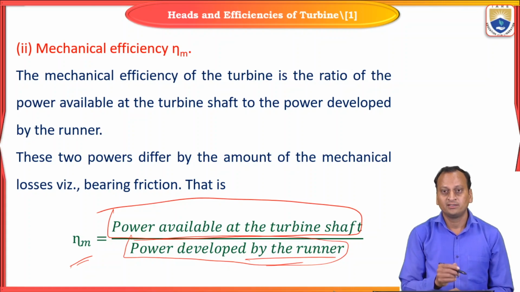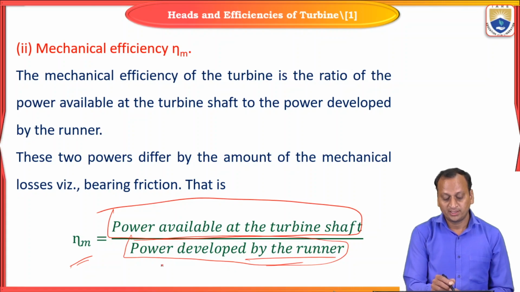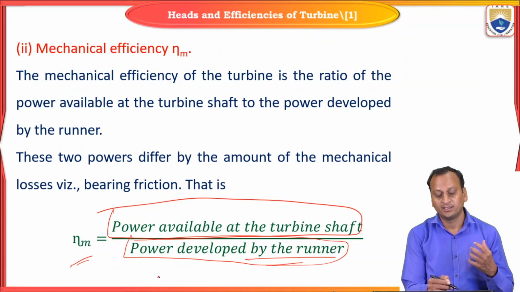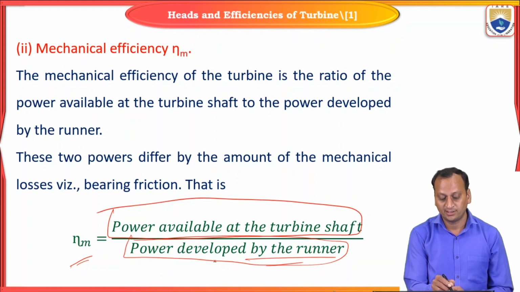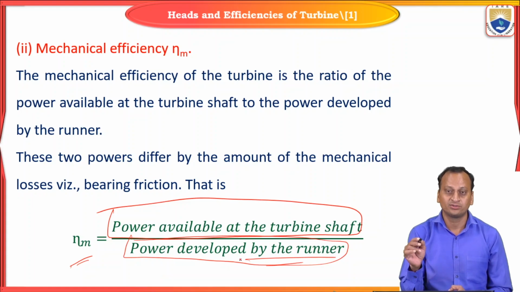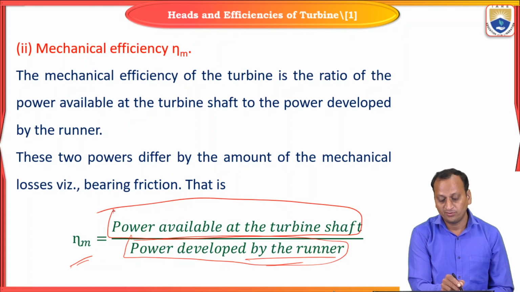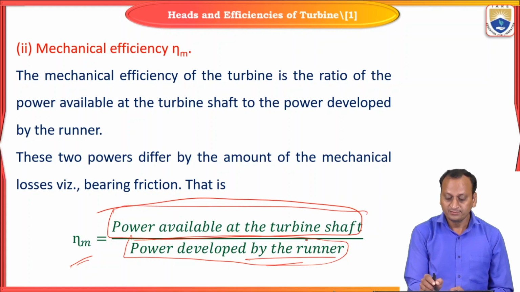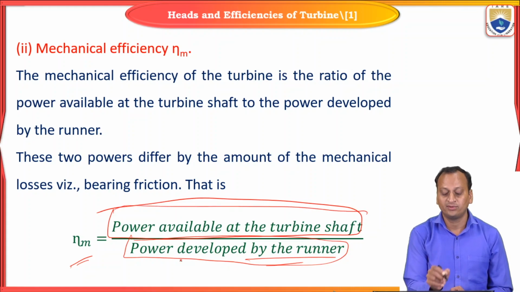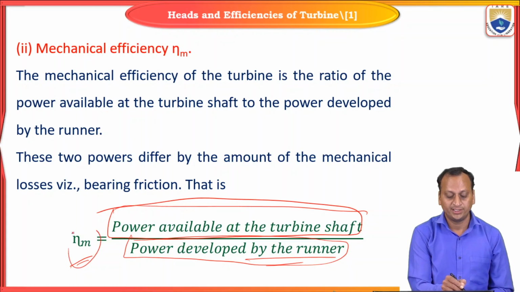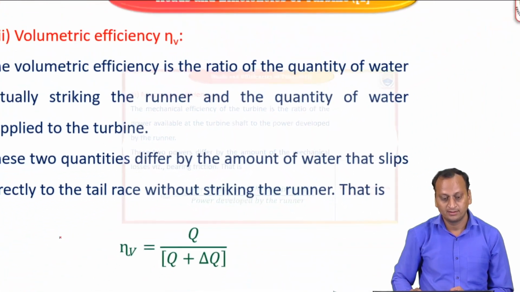But after consuming the water energy, the turbine rotor is rotating, and it rotates the shaft also. So the power available at the shaft divided by the power developed by the runner is mechanical efficiency.